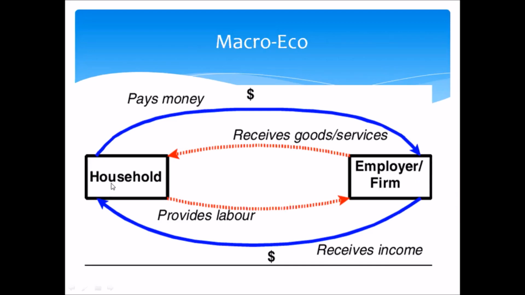So they take the labor, they take the various factors from households, and they prepare a product, something which is useful to you. It has some utility value. So they prepare something and deliver it back to the households, and we purchase those products by paying some money for it.